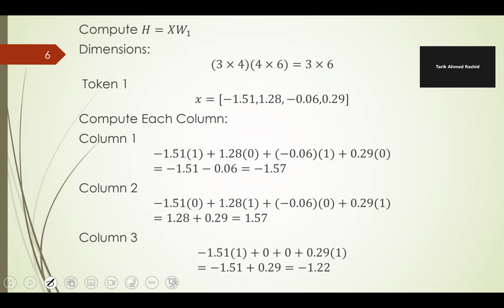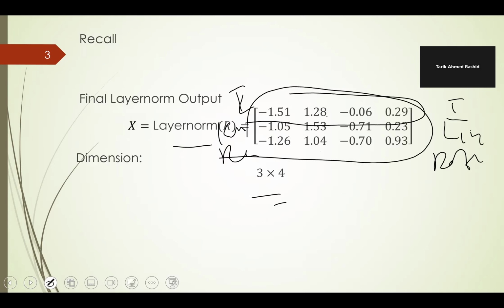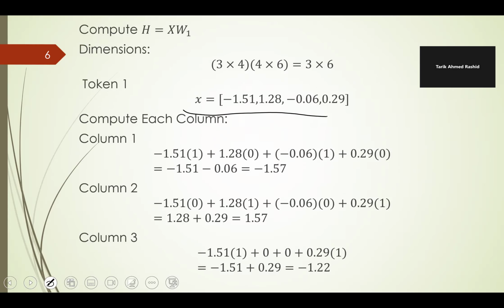That's x, the first row of x. If I take you back, that's your first token, which is the word I. I like Rojava, that's the second token. So we have this one, and we multiply it by 6 columns.